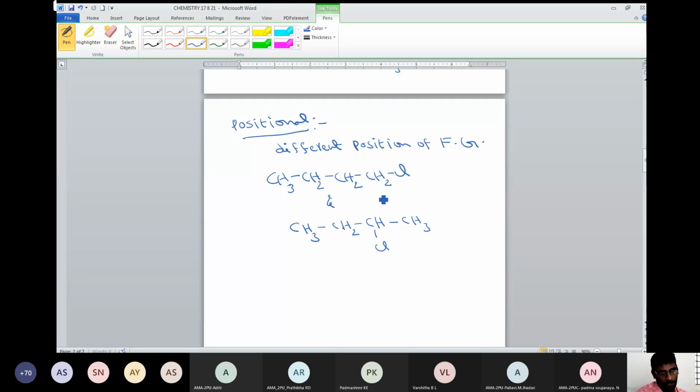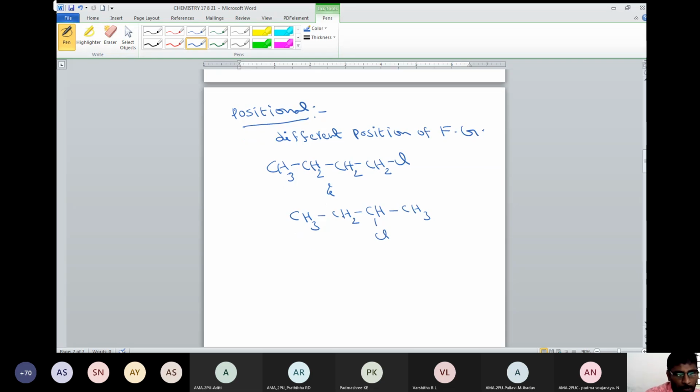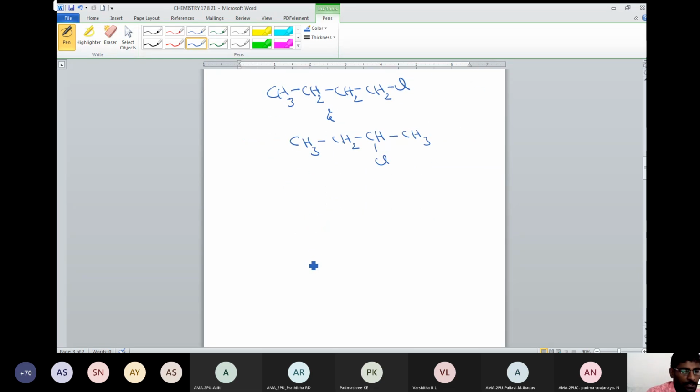Observe these two molecules. It is also carbon chain length 4. Here the chain is the same. But what is the position of chlorine here? First position. But here the chlorine position is second position. So when the position of functional group is different, those are called positional isomers. That means haloalkanes also exhibit positional isomerism.